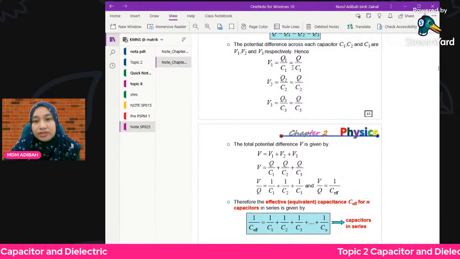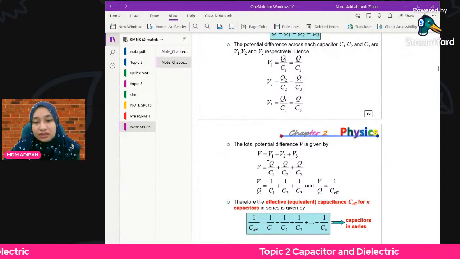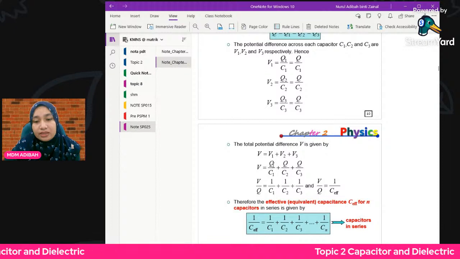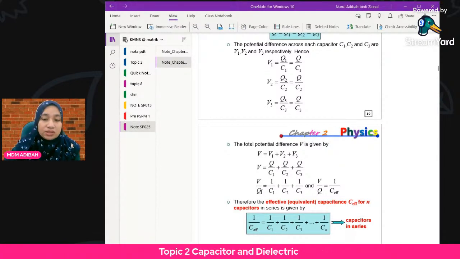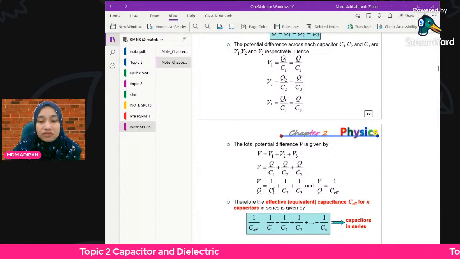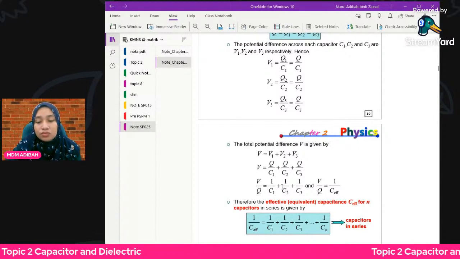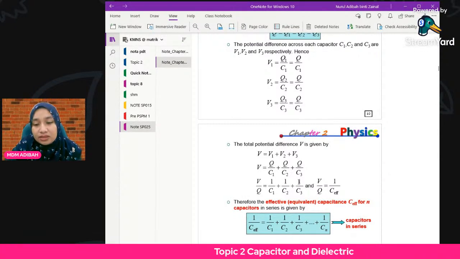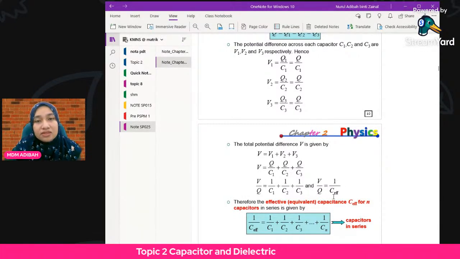Kalau kita rearrange V ni, kita tambahkan semuanya, kita dapat V1 tambah V2 tambah V3, in this kind of form. And then Q is the same, so kita boleh factorise Q. We get V over Q equals 1 over C1 plus 1 over C2 plus 1 over C3, which is 1 over C effective.